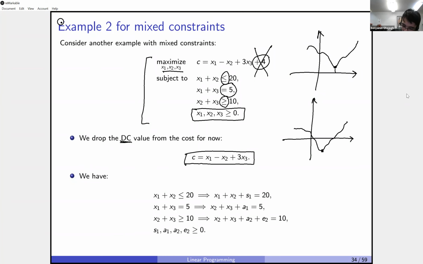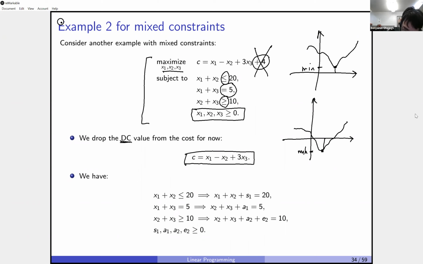The arg min will be the same, but for the min, you need to add the DC back to get this min. So your arg min or arg max will be the same, but you need to add back that DC or the bias that you removed in order to retrieve the optimal value for the actual cost function that you had before dropping. Okay, is it clear, the bias that I discussed? The bias that I talked about, right?